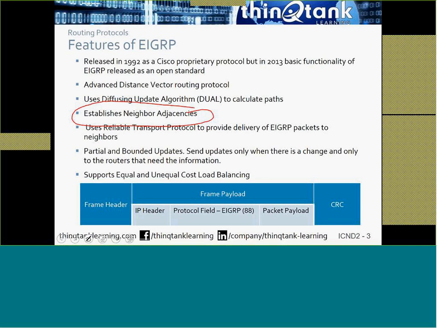Two routers that want to exchange routing information say hello to each other, and they negotiate some parameters, but mainly they verify compatibility: K-values, authentication, common subnet, and so on, to see if they can actually become neighbors. EIGRP routers do not exchange routing information unless they're neighbors. So even if I see another EIGRP router, if I can't form an adjacency with that neighbor, I'm not going to exchange information with that router.